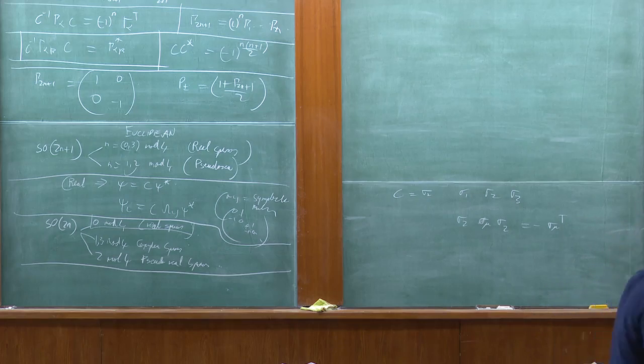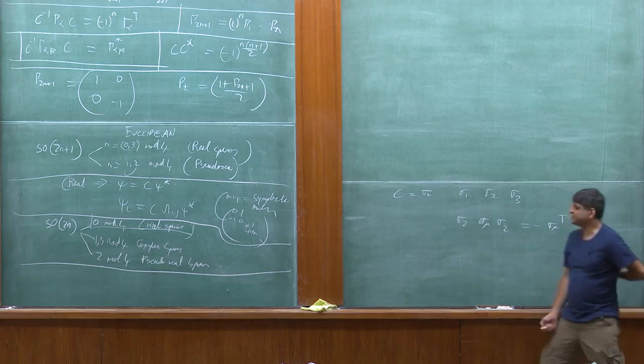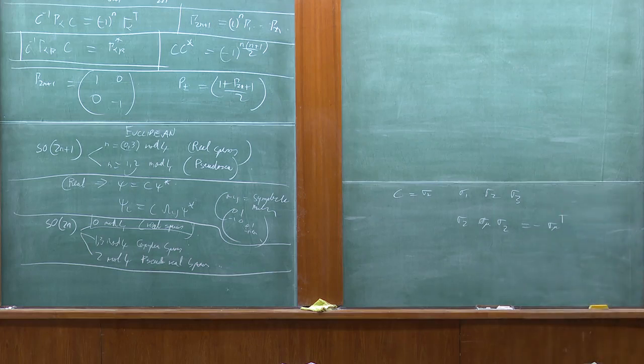Somewhere in your education you've seen this, that you cannot make SU2 spinors real or SO3 spinors real. It's sort of equivalent to the question, can you choose your sigma matrices? In dimensions where the spinors can be made real, one can prove that one can always find a representation of the gamma matrices which are either all completely real or completely imaginary.